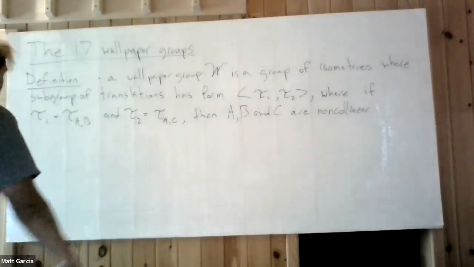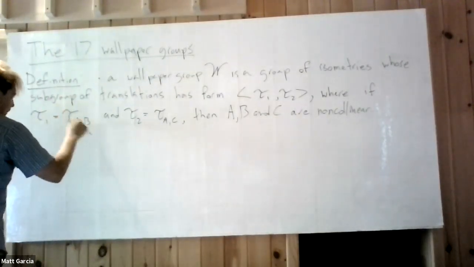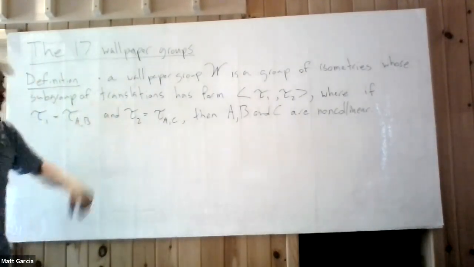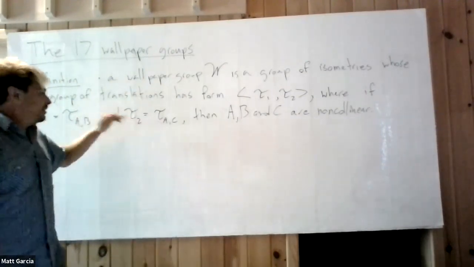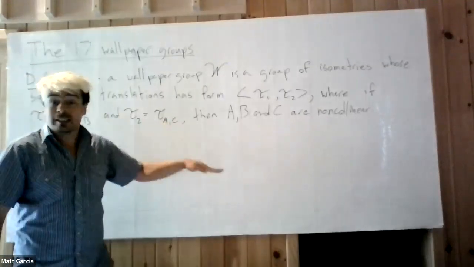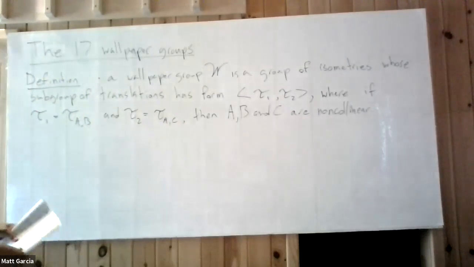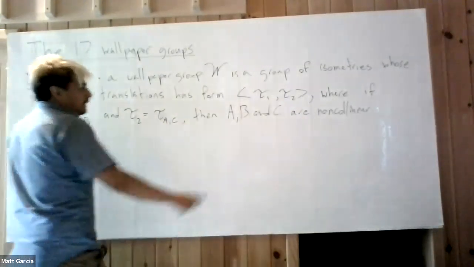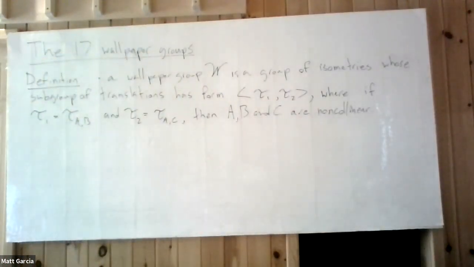Okay, so in other words, if I find some pair of points A and B such that tau 1 takes A to B, then I can write tau 2 starting at A such that the vector that defines tau 2 points to some other point C. And this is the condition on the subgroup of translations for a wallpaper group, that these points A, B, and C have to be non-collinear.